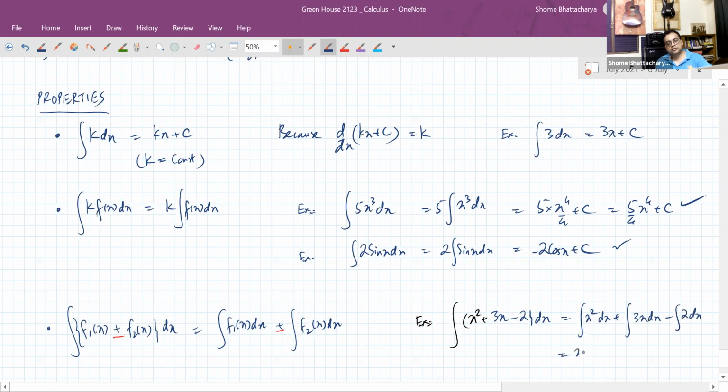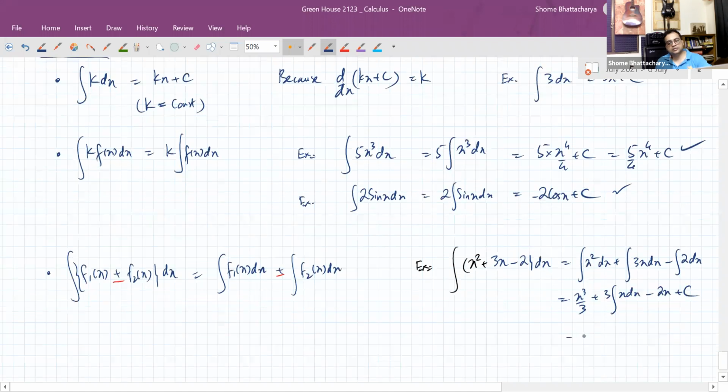And further, for this middle one, we can take the 3 outside, and the constants we can combine and write it like this.